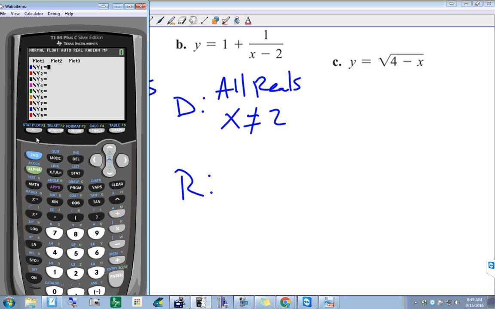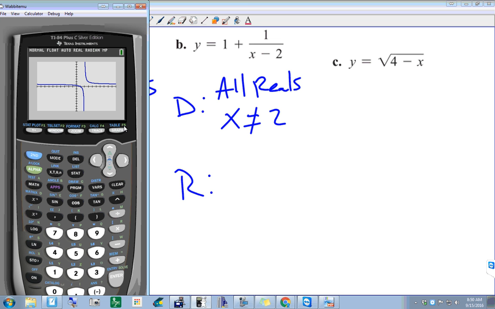Y is equal to, put the same thing in here, 1 plus 1 divided by parentheses x minus 2, close it, and I hit graph. Okay, thumbs up. There becomes a point of what's called discontinuity. I can't put 2 in there because it's going to cause me difficulties.